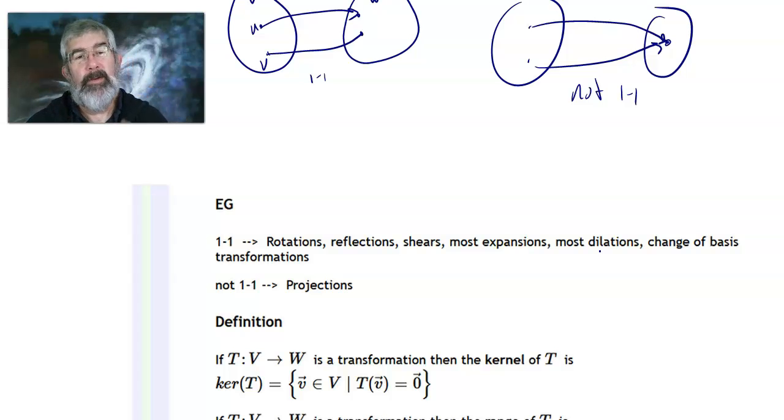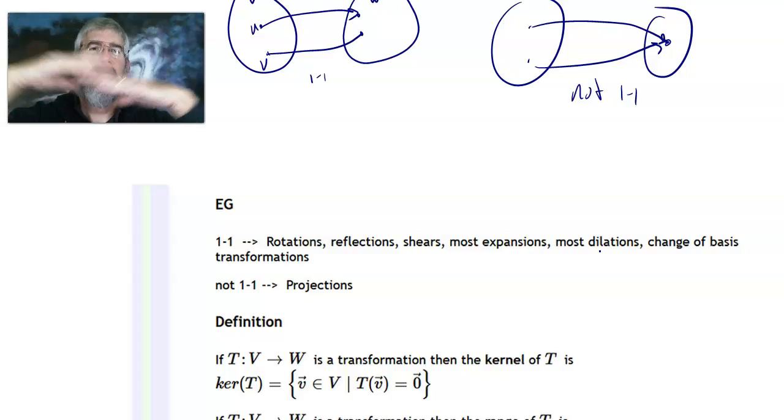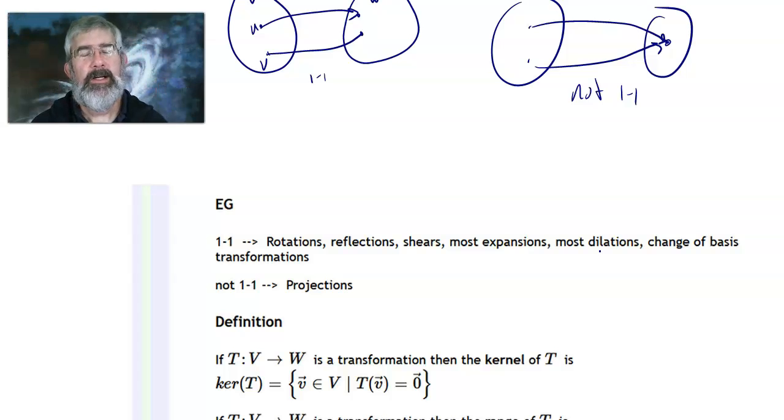Right? But if you're going to allow negative values of k, well, how about the value 0? If you had an expansion that was multiplying, say, in the x direction by 0, you would have a projection onto the y-axis. Likewise, if you're going this way and you're expanding by a factor of 0, then you'd be projecting onto the x-axis. And that is not one-to-one, right?